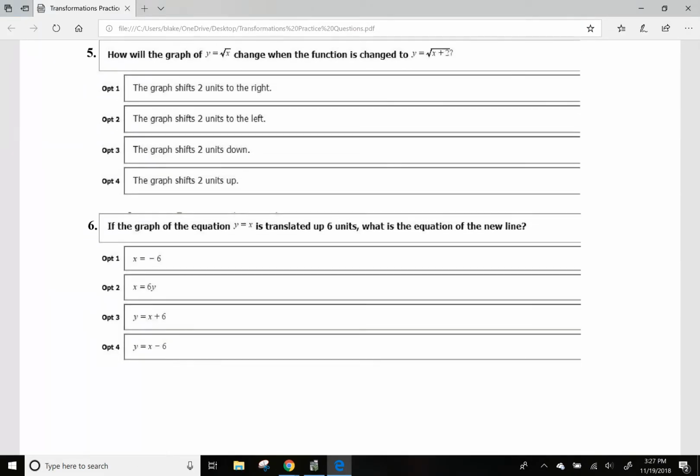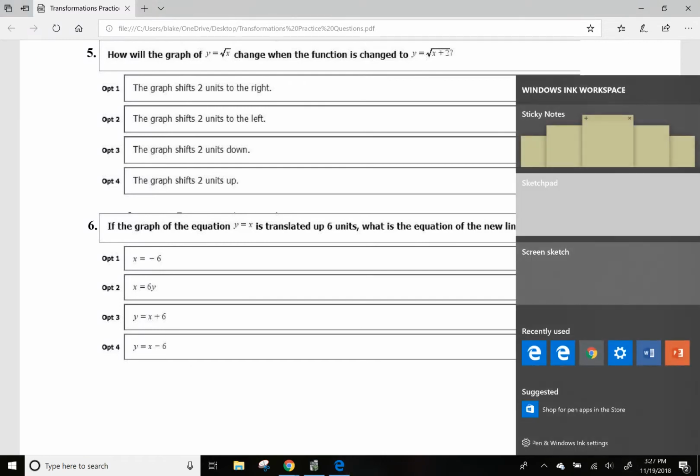Number 6. Sort of the same as the previous questions, but with a kind of reverse psychology. Instead of giving you the equations and noting it's translated, it's telling you the translation, and I want you to pick the equation. So it says translated up 6.